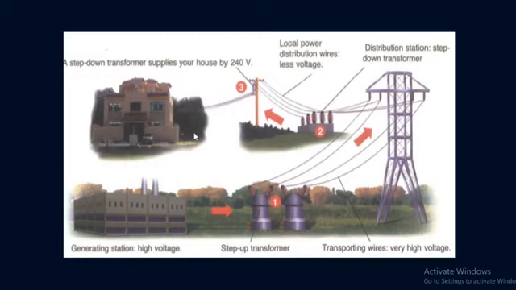How can we get electricity in our home? So this is the generating station, high voltage, okay? They're using the step up transformer because the voltage over here is very high. How?